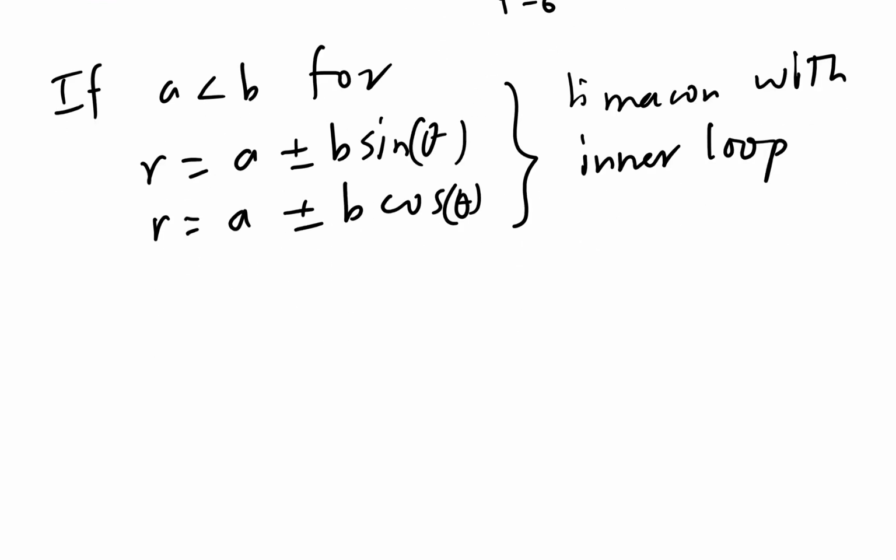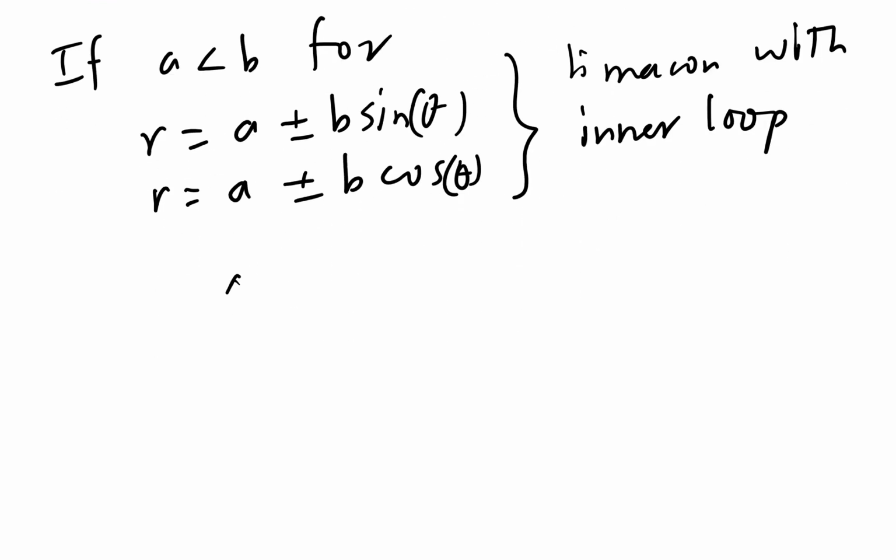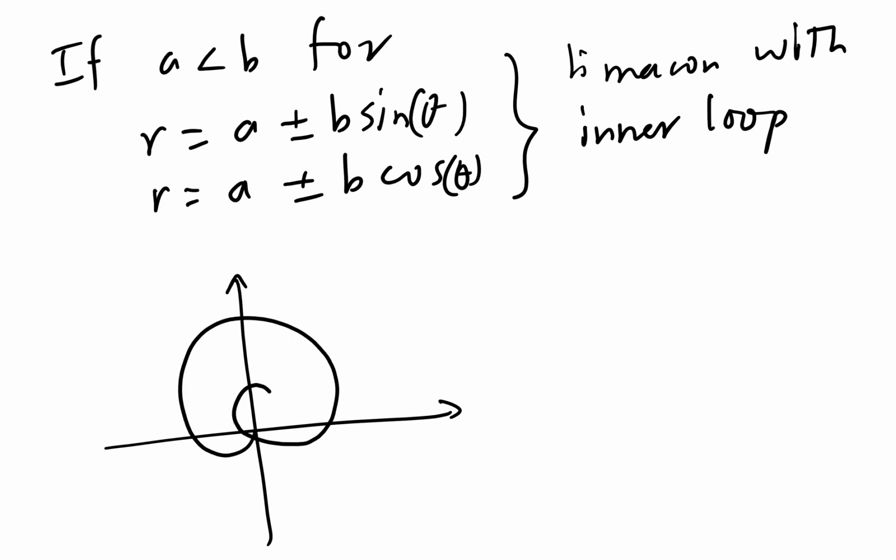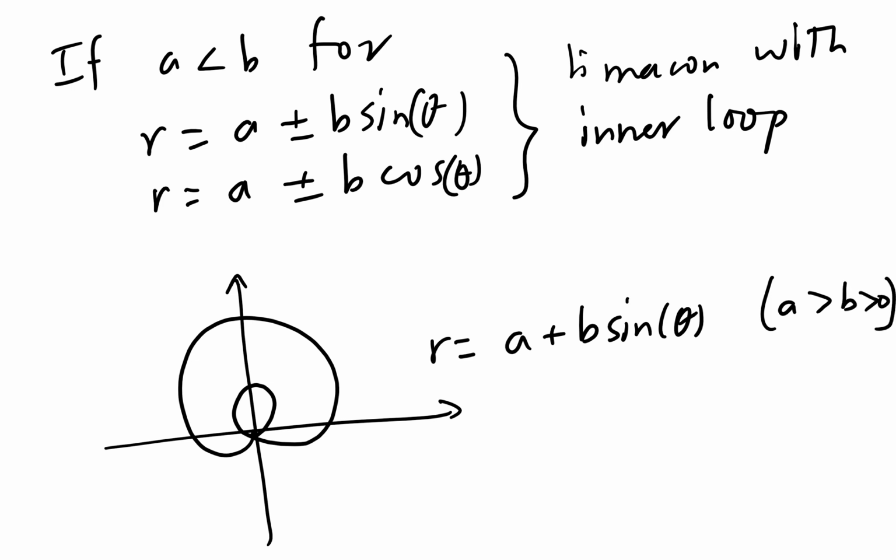For example, you know how we drew the heart, but then there's an inner loop in there. Same scenario works if a is less than b. So this would be for a plus b sine theta, assuming again both are positive, and a bigger than b or a less than b.